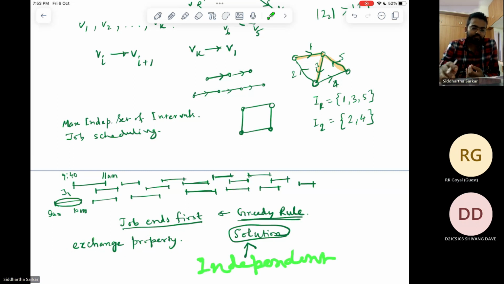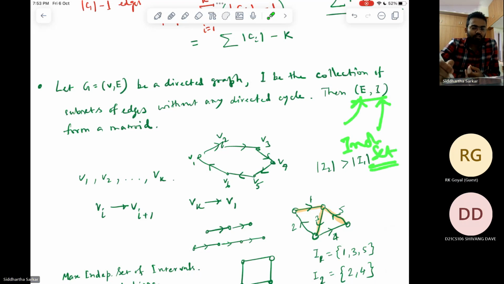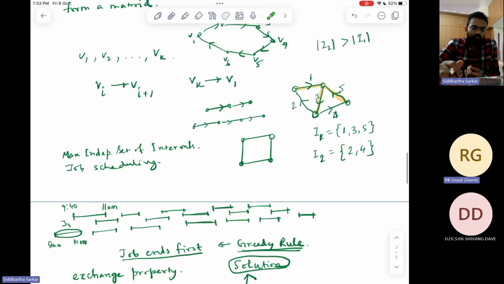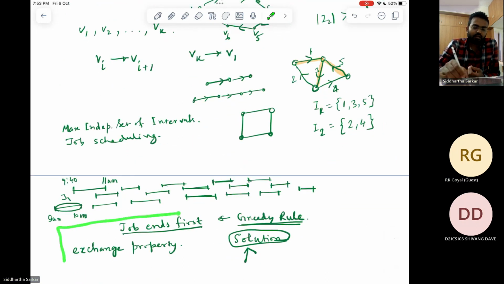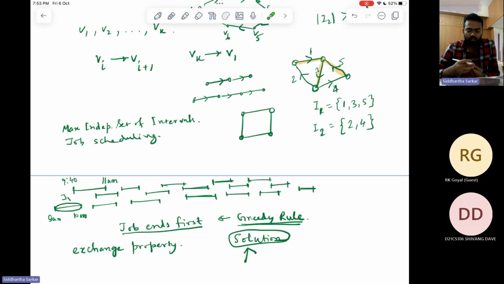In fact, in all the questions that we are looking at, this is called the universe, and this family I is generally called the independent set. Matroids provide a unified way of arguing the correctness and analysis of greedy algorithms.